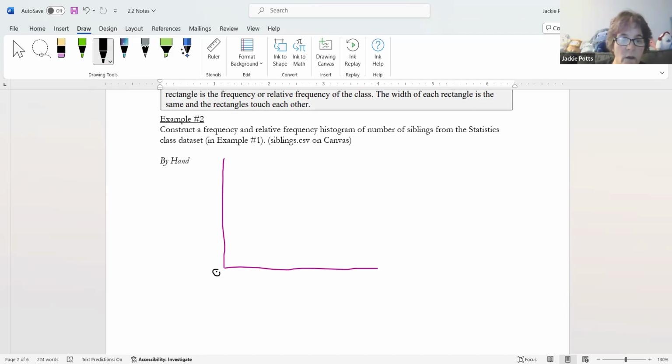We have the 0 here. 1, 2, 3, 4, 5, 6, 7. This is the number of siblings. And here is your frequency.